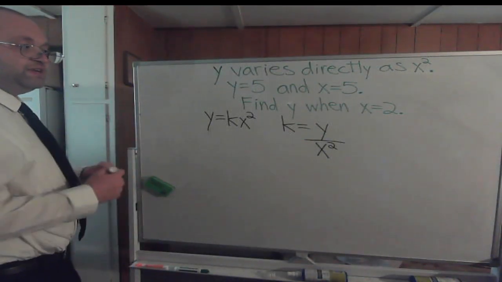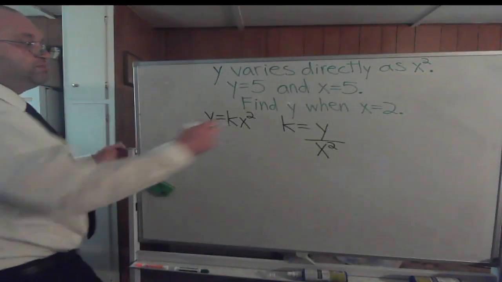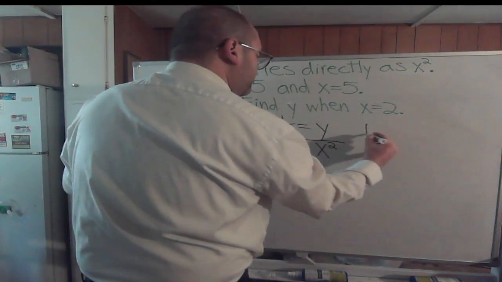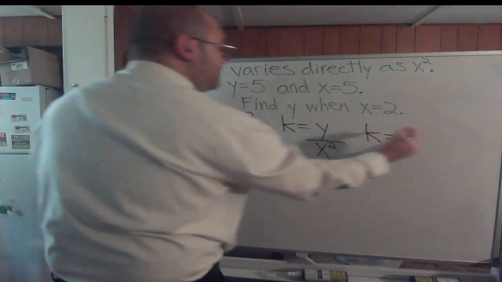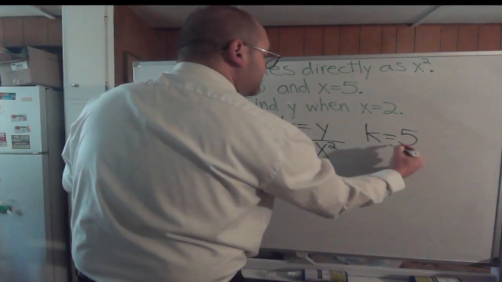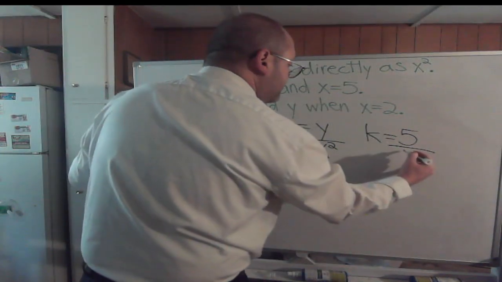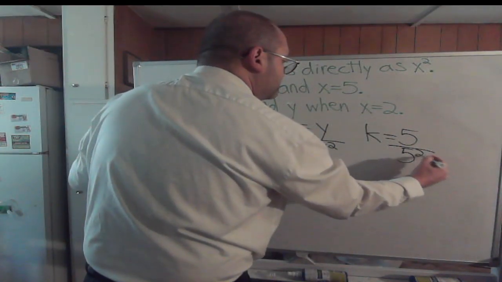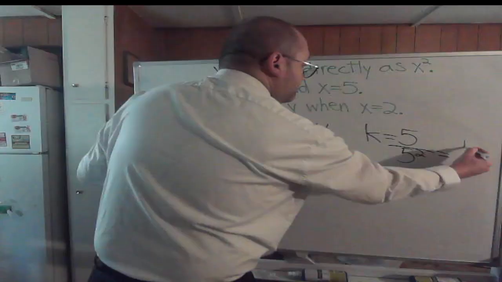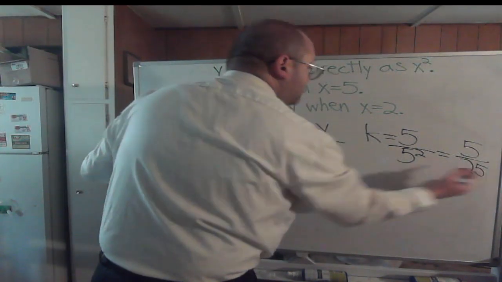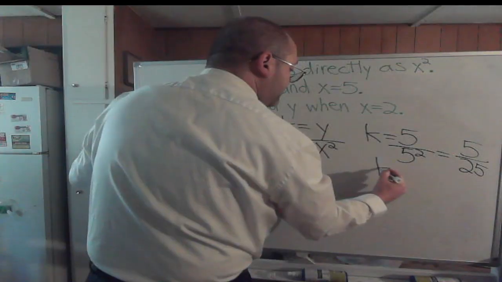Now to find that constant of variation, you're just going to plug in the given values of y and x. So k equals y is 5, so you'll put in 5 for that, over your x value, which was 5, so that's 5 over 5 squared, which equals 5 over 25, which simplifies to 1/5.